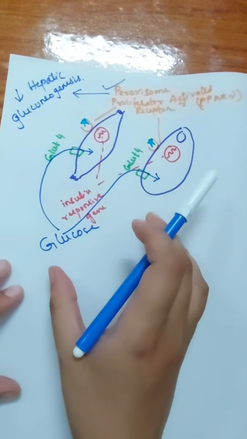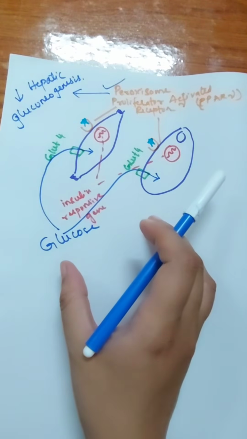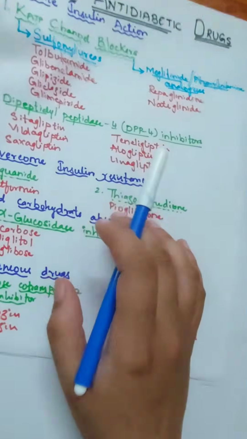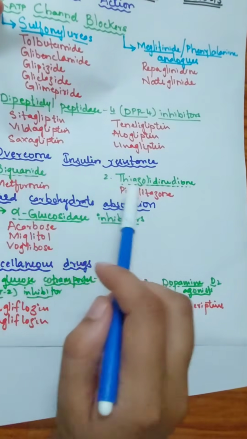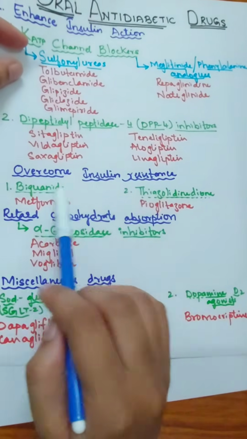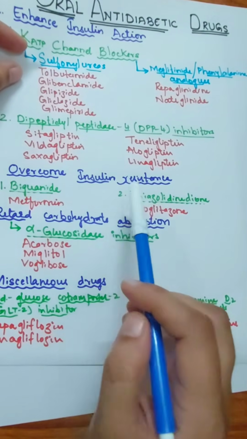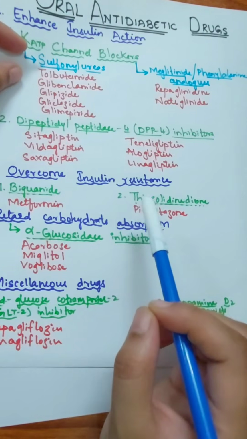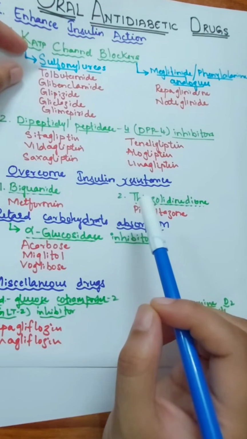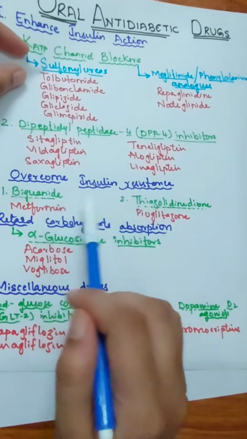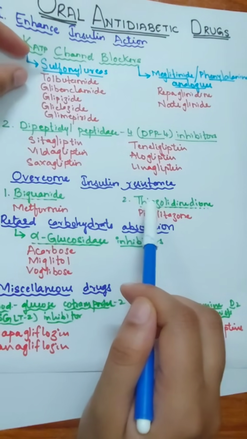Okay, so basically here also we require a little amount of insulin. Without insulin this work cannot be done. So both classes of drugs, that is Biguanides as well as Thiazolidinediones, require a little amount of insulin to be available. At least 30% of insulin should be available so that these two classes of drugs can perform their action.